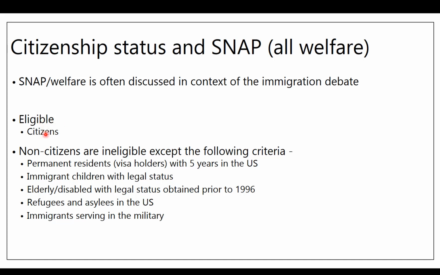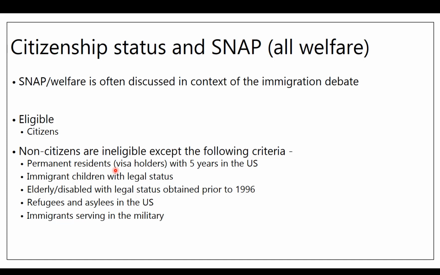So to be eligible, you need to be a citizen. If you are not a citizen and you want to be eligible, you need to meet one of these criteria. So you could be an immigrant child that has current legal status. That means born in the U.S. so that they have birthright citizenship at the time, and then, of course, they may have the option later to change their citizenship status.